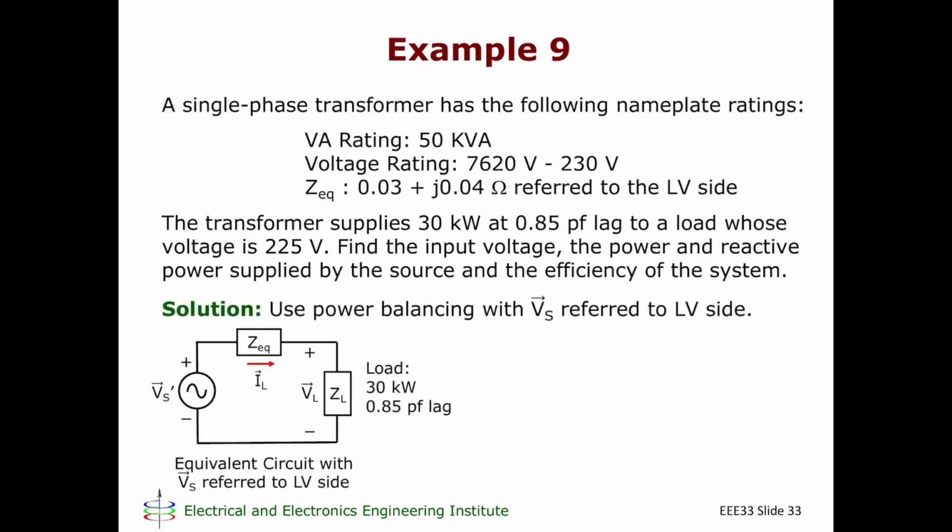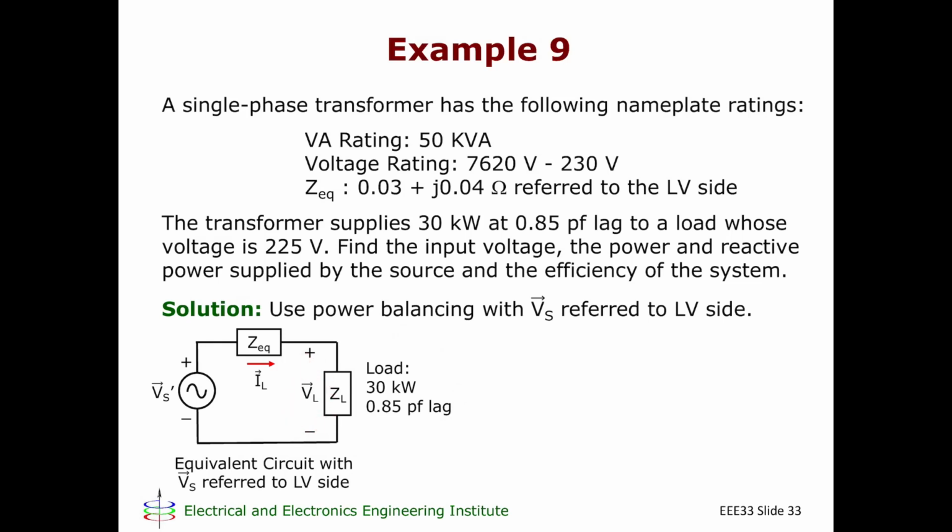Okay, the solution which I'm going to present now uses power balancing with the source voltage referred to the low voltage side. So this is going to be my equivalent circuit. This is my load, which has already been specified as 30 kilowatts, 0.85 power factor lag, voltage of 225 volts RMS.